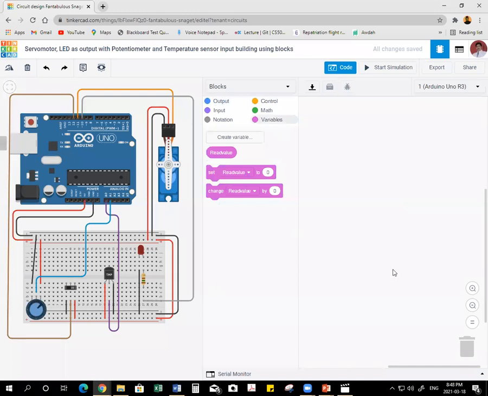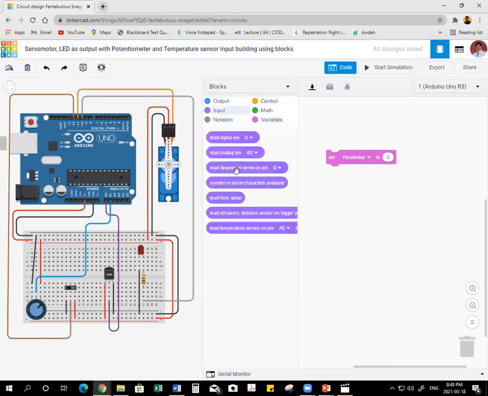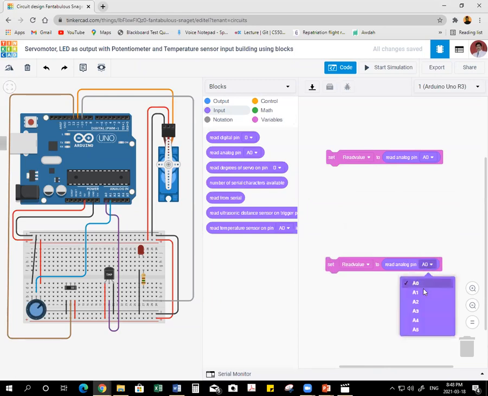Now we have to set the read value first, and set the read value from where? From reading analog pin A0, because we have to read from two places, A0 and A1. Same thing, you can duplicate, read the value from A1. Okay, we are reading now.